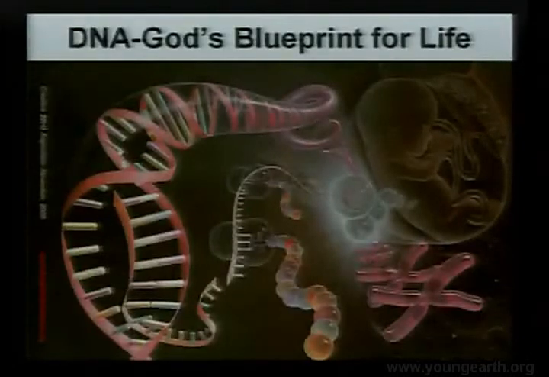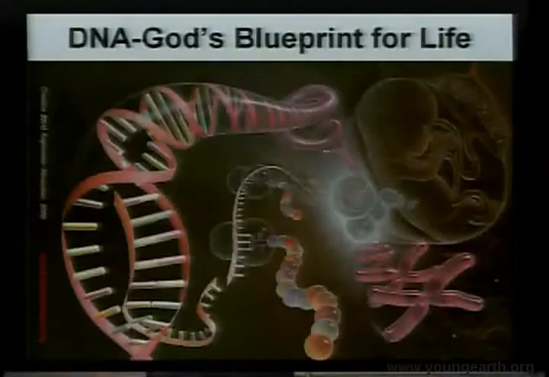More information than in the Library of Congress. And we see here that it's used by the cell like a template. And it assembles the proteins from amino acids that are floating around inside the cell, just like stringing beads, one at a time, each in a precise sequence, averaging about 400 amino acids for each protein.